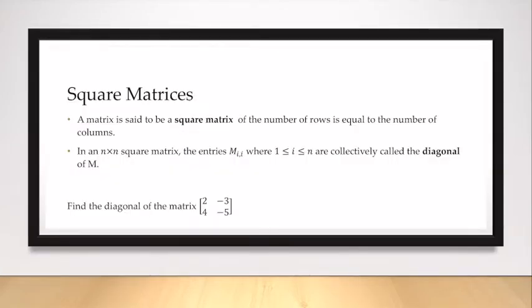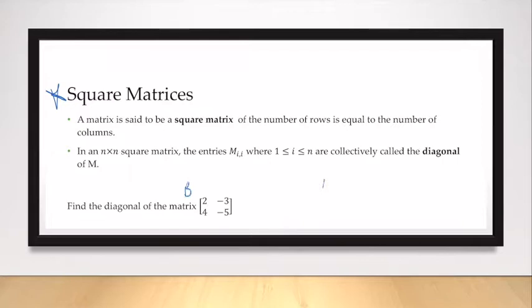A square matrix is what we're primarily going to be working with. A square matrix is said to have the number of rows equal to the number of columns. Okay, so this is an n by n square matrix where the middle entries are called the diagonal. So let's call this matrix B. Its diagonal is going to be the elements B11 and B22.